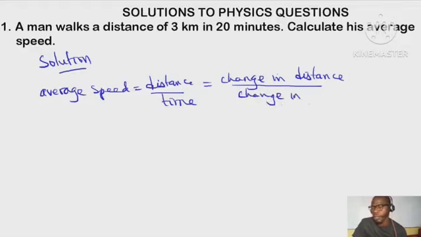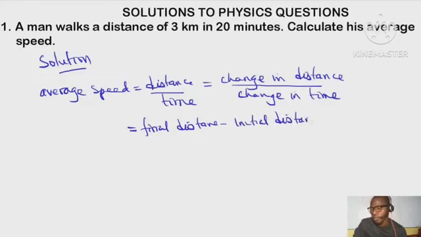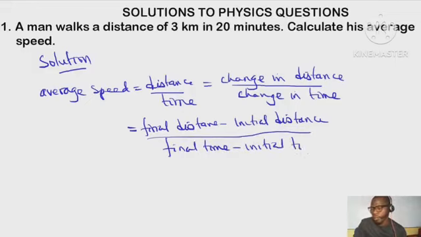And from there we can see that this is also equal to final distance minus initial distance divided by final time minus initial time. Now this distance is measured in meters and the time is measured in seconds.